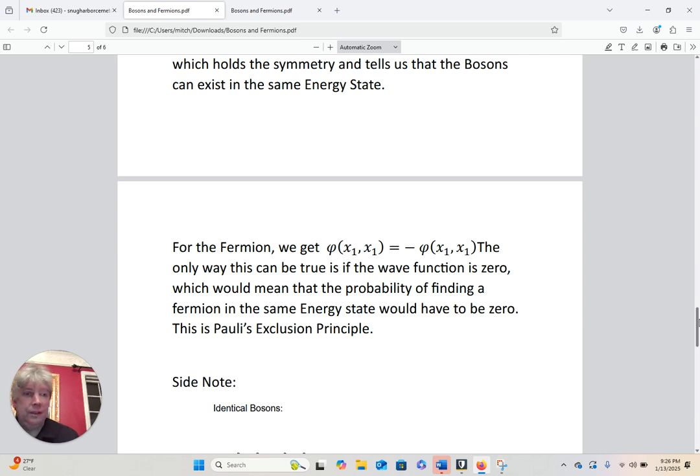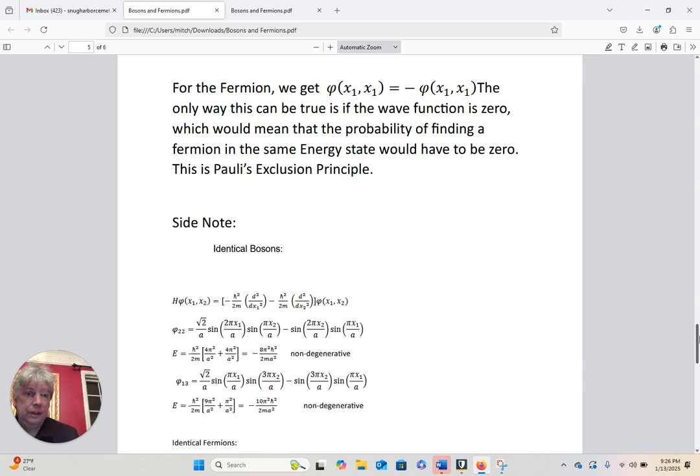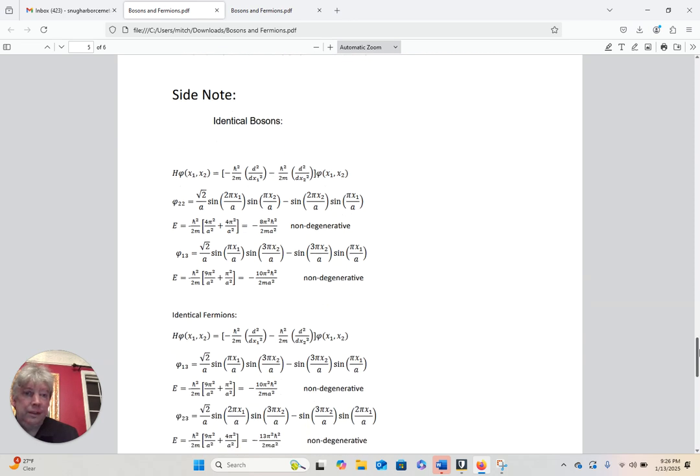Now, this is a very conceptual way of looking at it, which is great for students. But what I really liked about this is if we go back to our problem set this week, where we talked about identical bosons and the energy states, we'll notice here that with this boson, we've got this energy state here, which means that boson is existing in the same energy state, ignoring spin, of course.